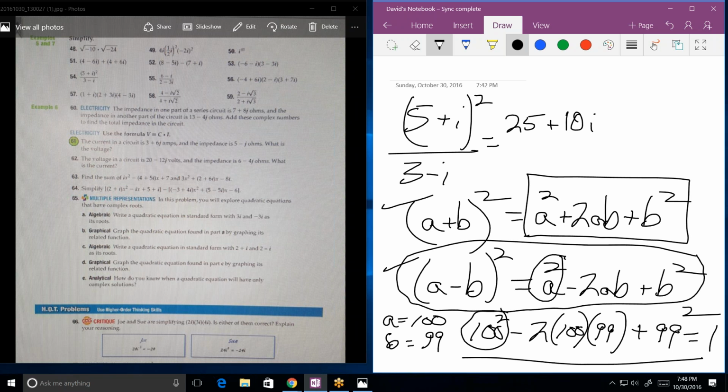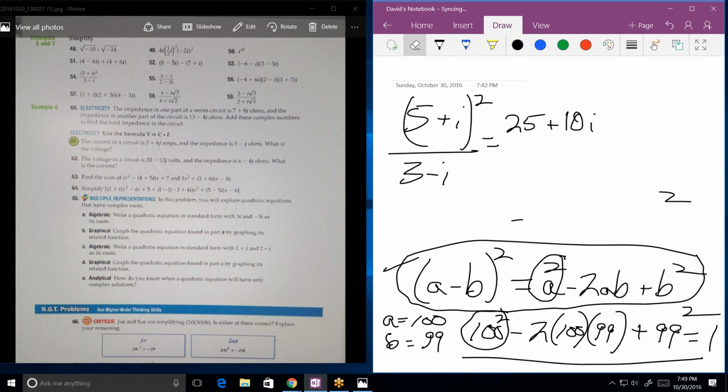If I know this formula, I know that's a plus b squared and this is a minus b squared, so I can do problems like this without a calculator. There's a lot of value in knowing these two things. It saves you a lot of time. You don't have to FOIL stuff. You can just know that you're looking at an a plus b squared.